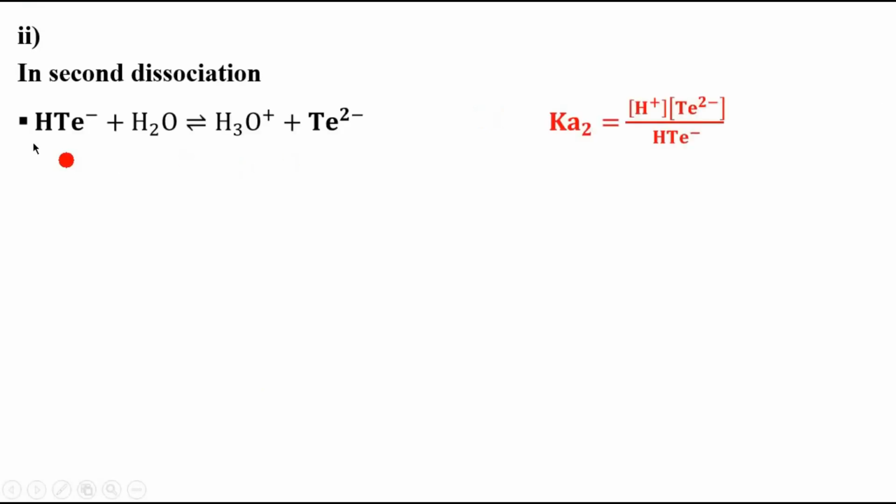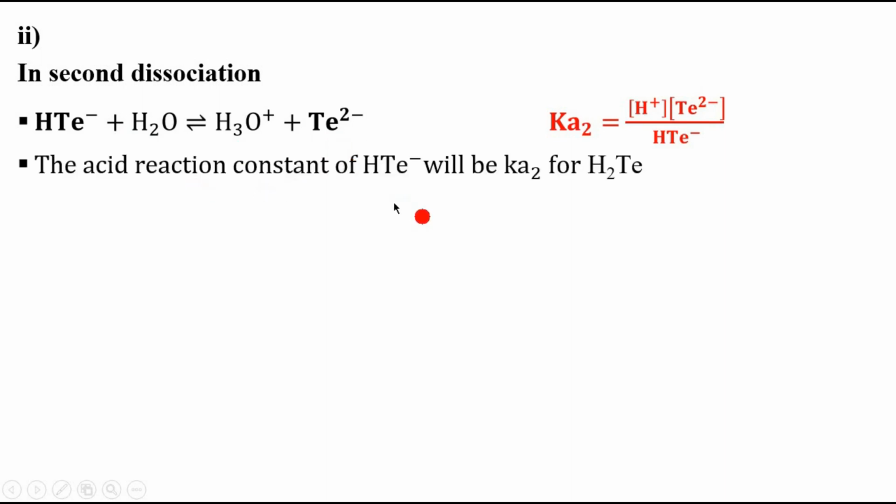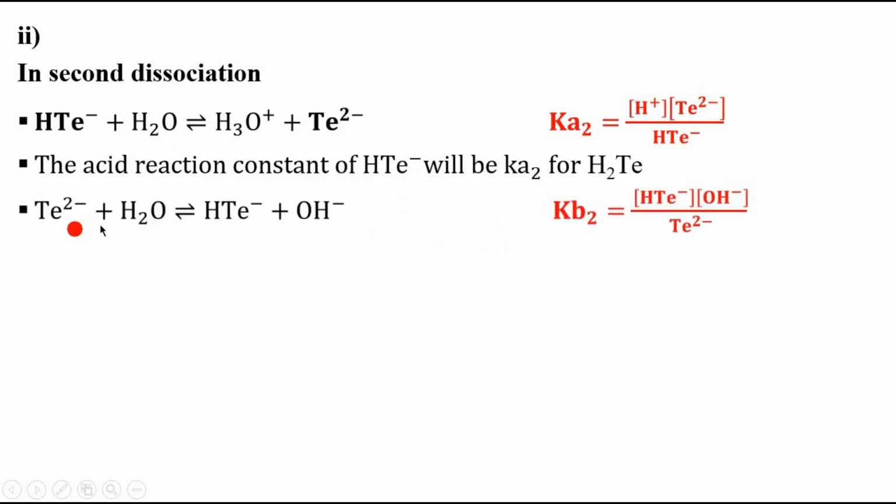It's also the same. It involves the second dissociation. That means HTe- will behave as an acid by liberating the H plus in the water. Then Te2- will act as a base by attracting the hydrogen. So the acid reaction constant for HTe- will be the Ka2 for H2Te, because it is coming from the second dissociation. Then Te2- will act as a base. Then you can take Ka2 times Kb2, and you will get that it is equal to Kw.